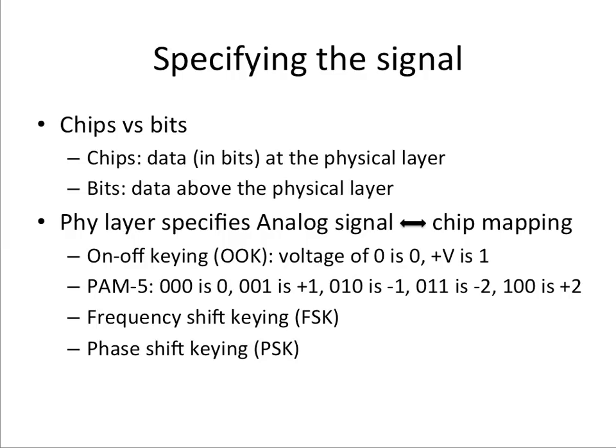So that would be one example to specify this mapping, a very simple mapping. We won't get through the details of the other ones. Those are just names that you might want to familiarize yourself with. You don't need to learn the details. But if you hear the word FSK, for example, you should just know, okay, this is a way of specifying the analog signal to chip mapping.